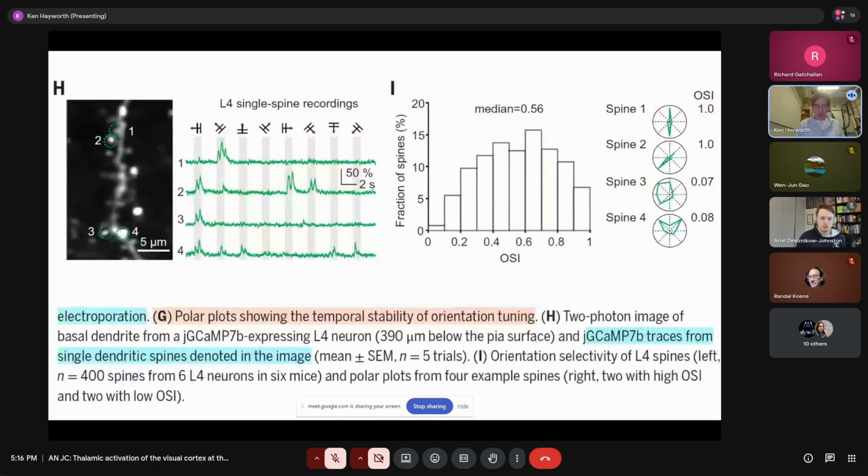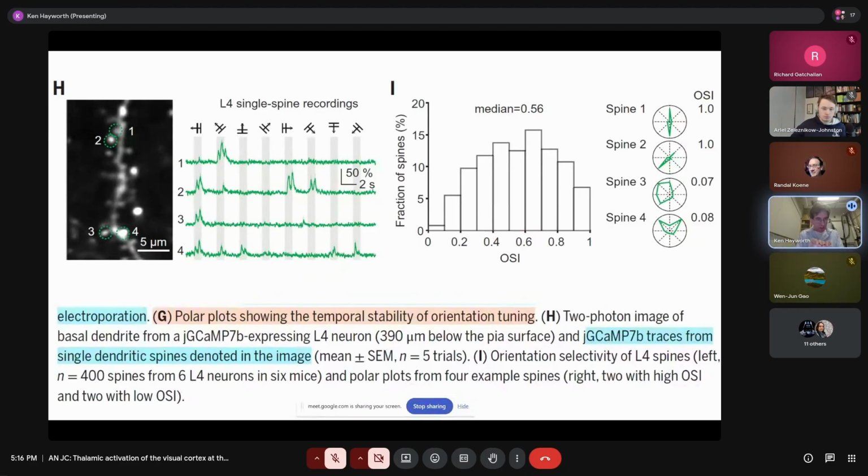So let me just go back here. What they should have found are the lateral geniculate neurons that are known from other studies to be making synapses on these orientation selective layer 4 cells. Those are supposed to be looking for dots.